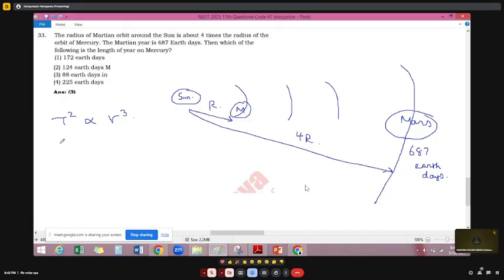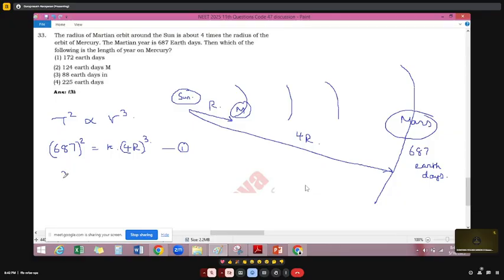The time period for Mars is T Mars, so that means it will be 687 Earth days squared, which should be equal to some constant into R cube. R cube is 4R the whole cube. That is equation 1 based on Mars. Do write the same thing for Mercury.